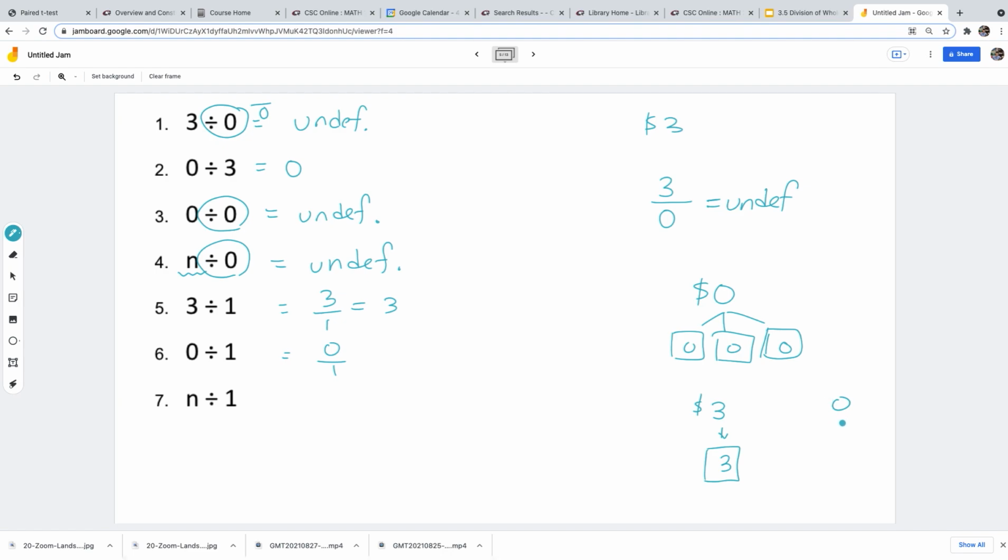You have nothing. And one person came. How much does that person get? Still $0. Right? So 0 divided by 1 is 0. So you can conclude that dividing by 1 always gives the dividend. And n divided by 1 is n. Right? Okay.